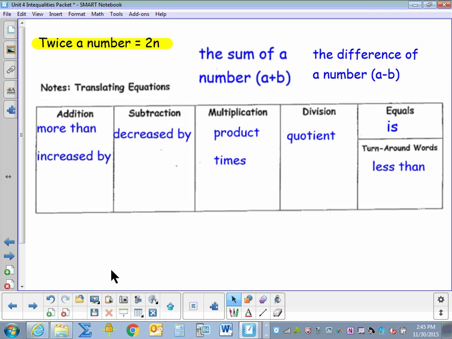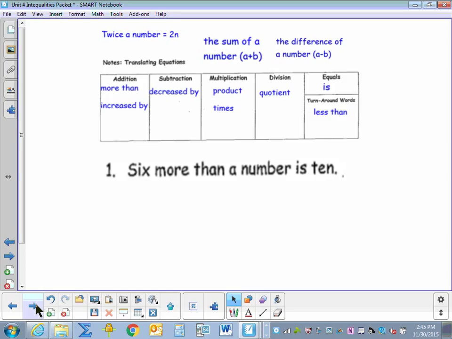So now that we've identified some words, let's go ahead and translate some sentences into equations. Number 1, 6 more than a number is 10. So let's identify some of the operations here. We have more than, so we know that's going to be addition.